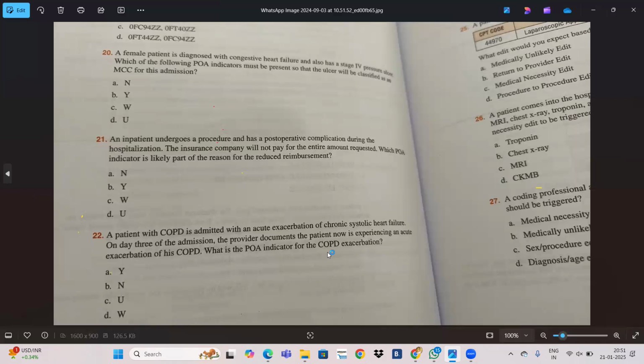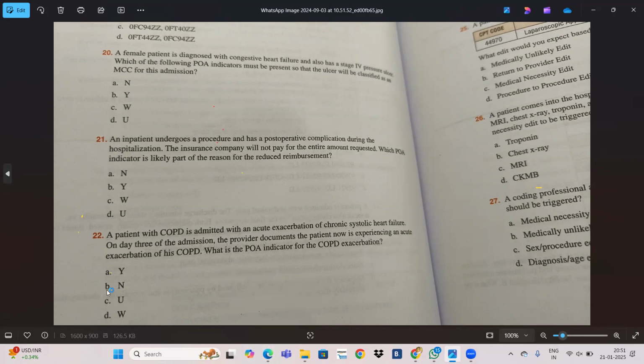Bro, I have one doubt. Previously you told us COPD with exacerbation and asthma with exacerbation after admission, that time we took N, right? The same scenario, this one also. N only answer, right? Here also N was the answer.